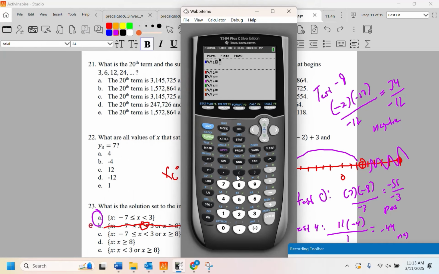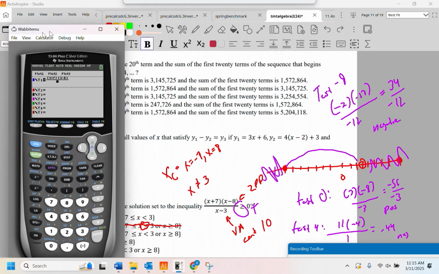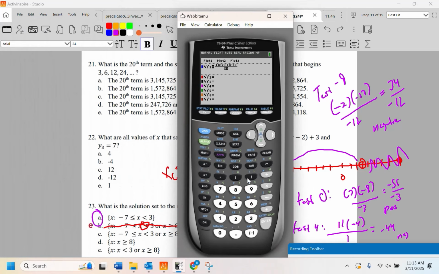It was x plus 7 times x minus 8, and that was sitting pretty over, what, x minus 3? Zoom 6, do the job. And it is a greater than or equal to symbol. So keep that in mind. It is a greater than or equal to symbol.